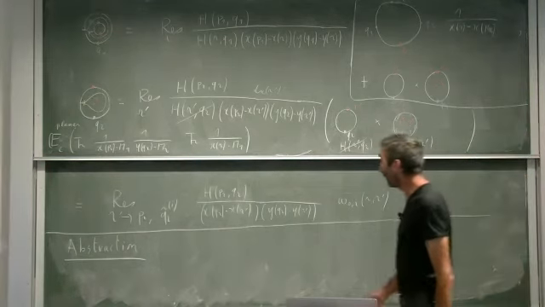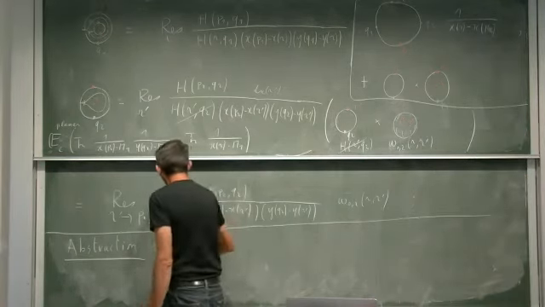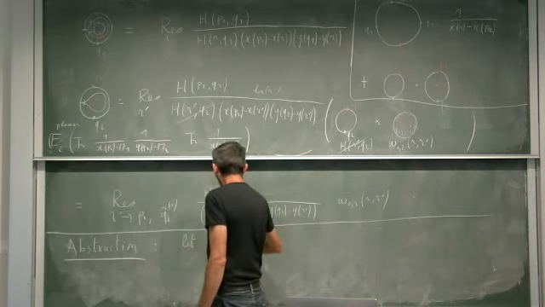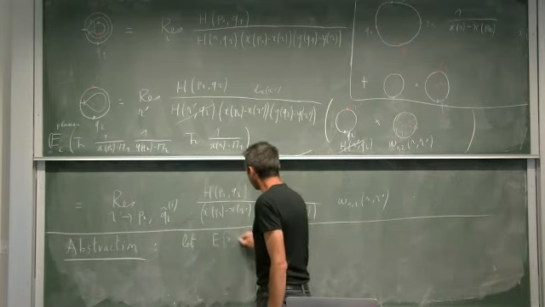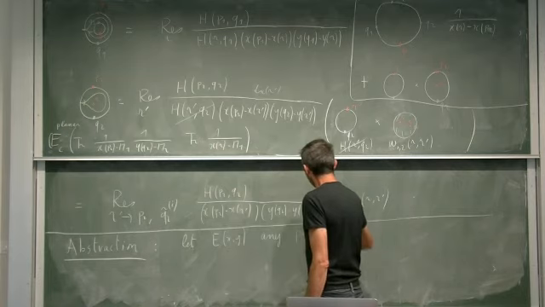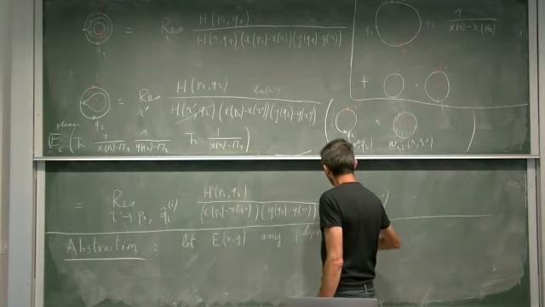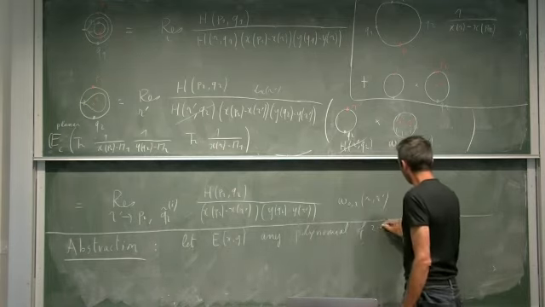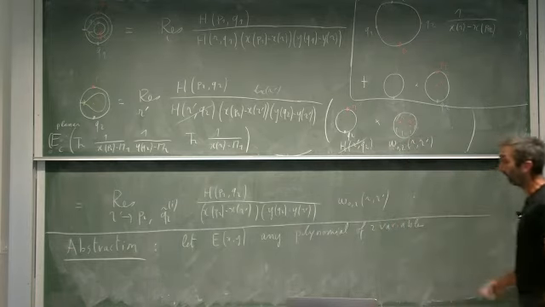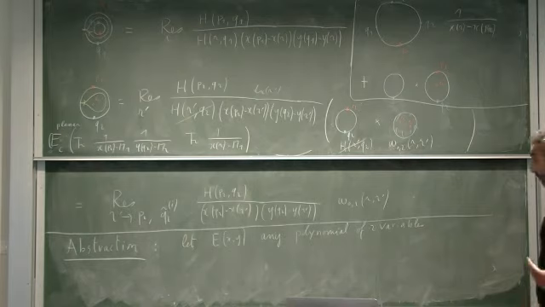So basically, give yourself E of xy, any polynomial of two variables. It does not need to be related to a two-matrix model or to maps or anything. And you can make the same procedure for any E.